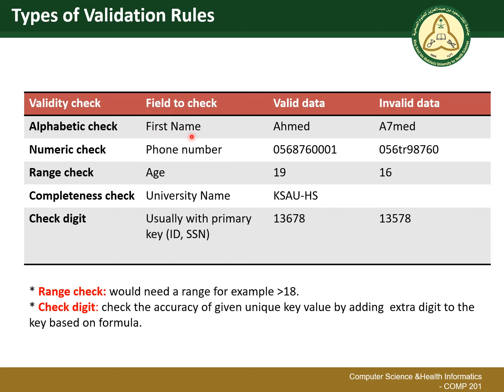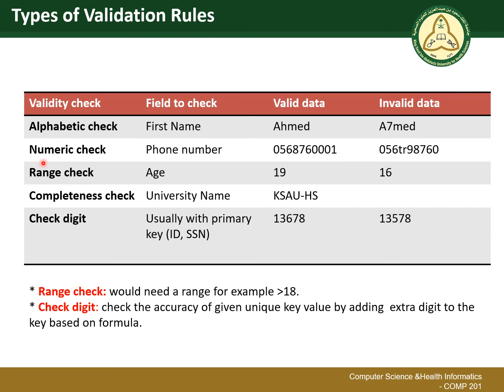So if we entered the name Ahmed, AHMED, it will be considered valid data. But if we entered Ahmed with the number 7 instead of H, here we will get an error to inform us that this data is invalid data. We need to enter text, not numbers here.